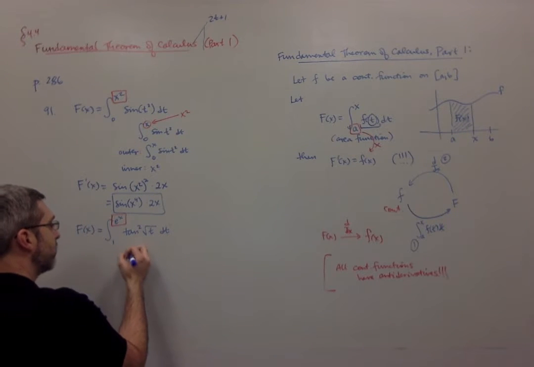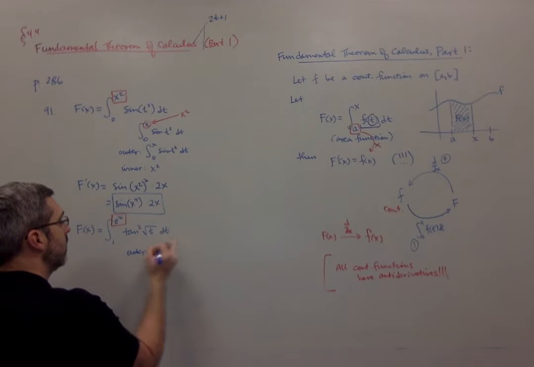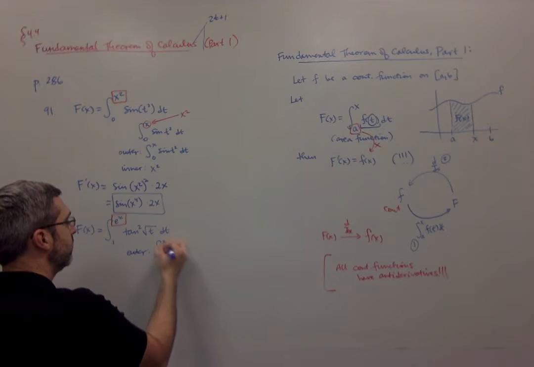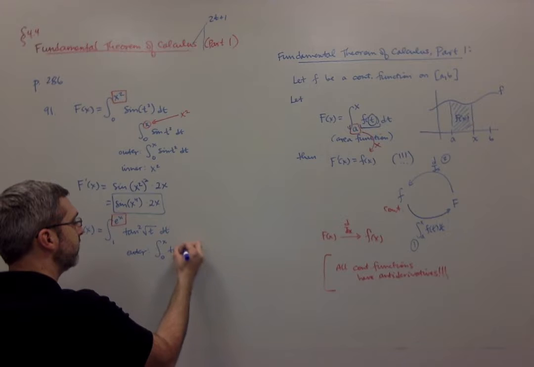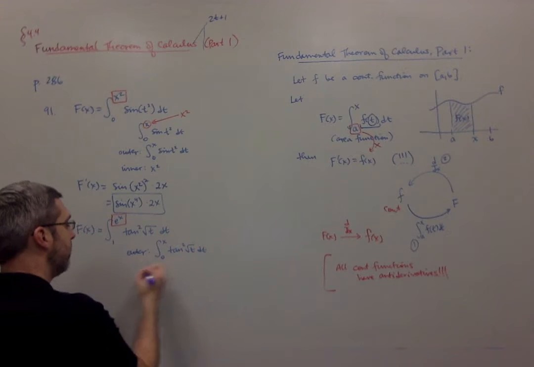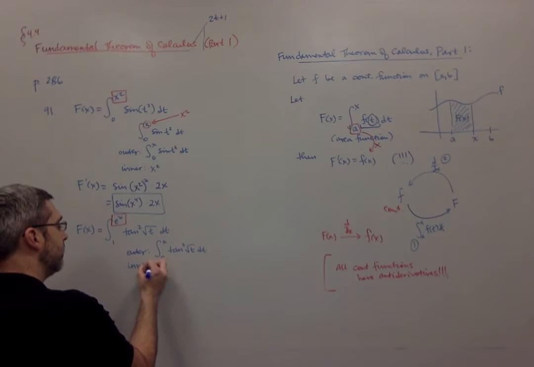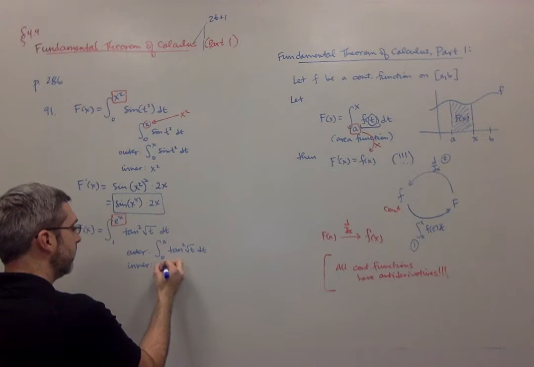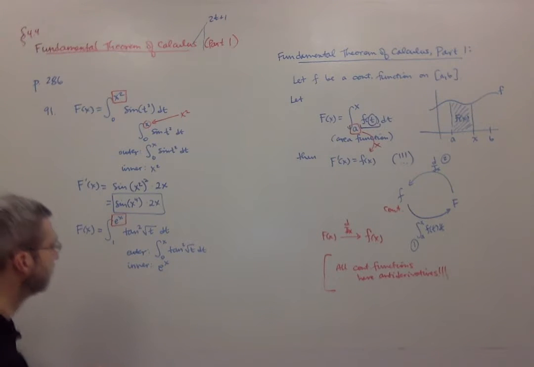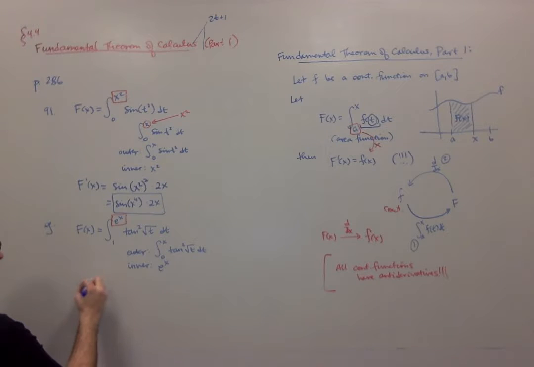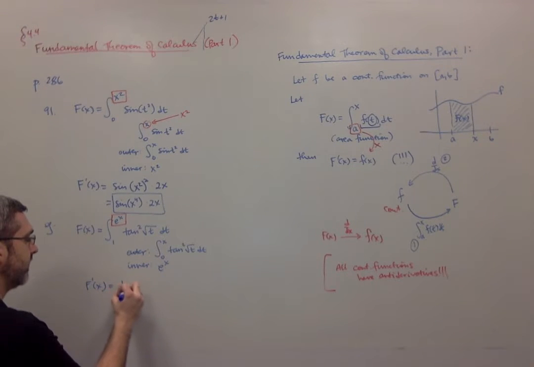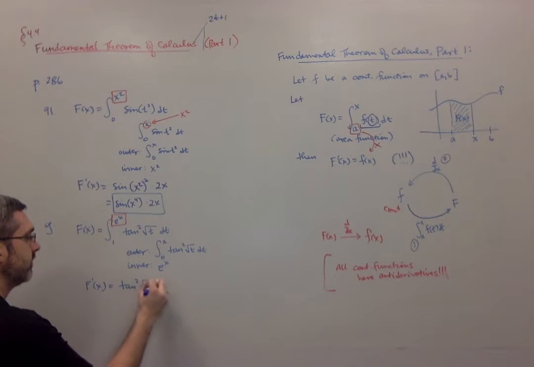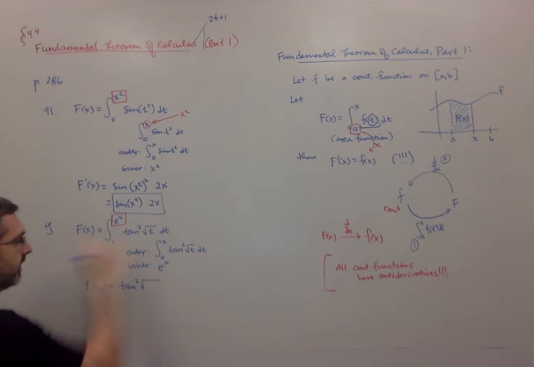So we have an outer function of the area from 0 to x of this crazy function, and then instead of x, I'm throwing in e to the x. What I'm supposed to do to get the derivative is take the derivative of the outer, which is the original function, but instead of t, I put in x.